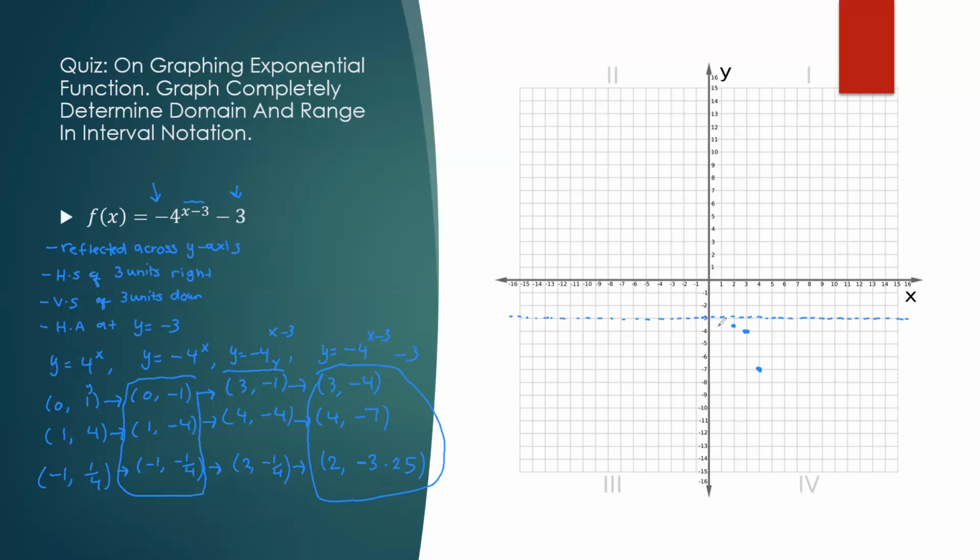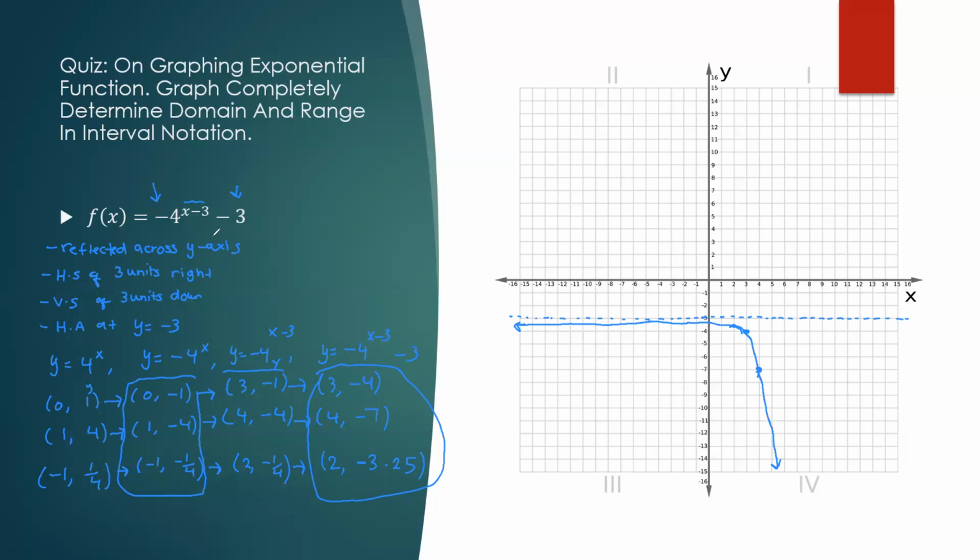Then it's going to look something like this, never crossing the horizontal asymptote. Yeah, that's your graph. That's how I would graph this exponential function.